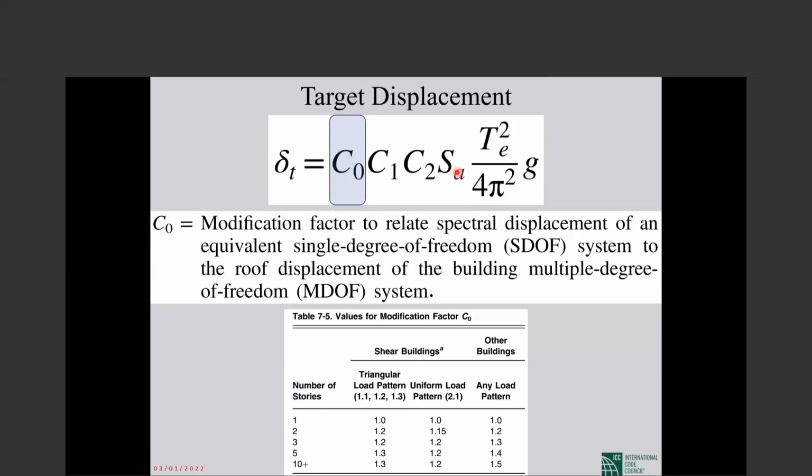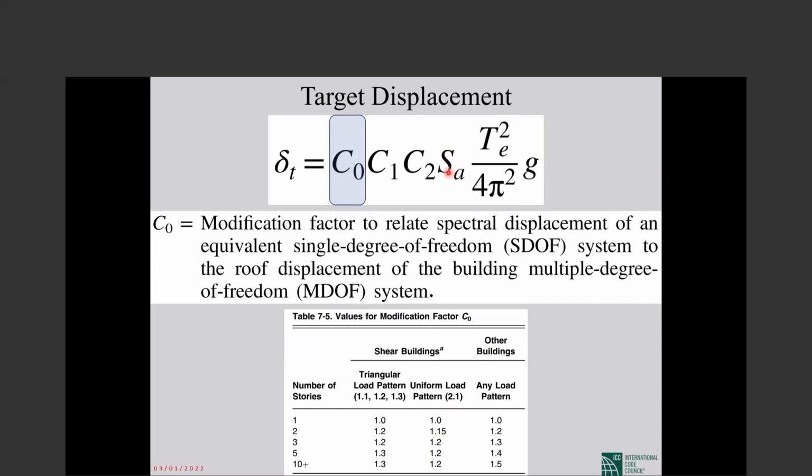But if the building is not a single degree of freedom system, is there a relationship between the displacement of that multi-degree of freedom system and this value that we get from the response spectrum? Because people who have studied dynamics of structures know that the response spectrum is obtained by solving the equation of motion for a single degree of freedom system.